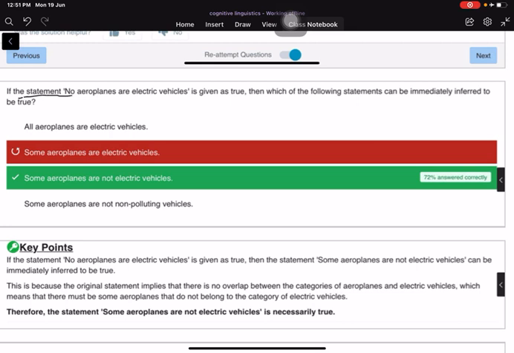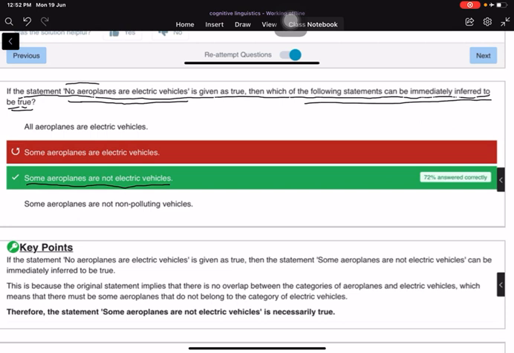Now, if the statement no aeroplanes are electric vehicles is given as true, then which of the following statements can be immediately inferred to be true? It's that some aeroplanes are not electric vehicles.